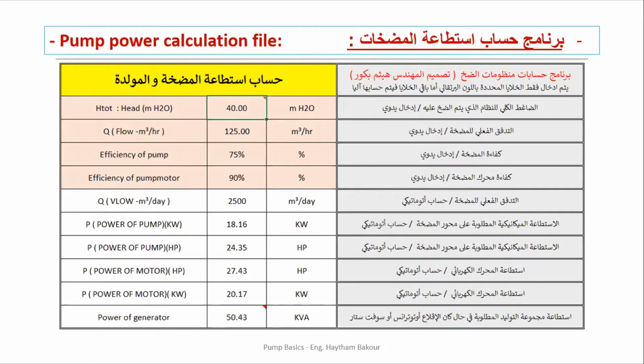As an example, if we have a pump where the electrical pump motor is about 100 kilowatts, we have a loss within the motor of 10% if the efficiency is 90%.